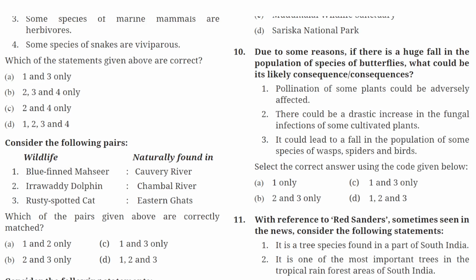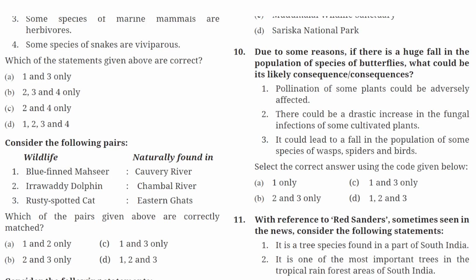Pollination of some plants could be adversely affected. Seems to be a correct statement. There could be a drastic increase in the fungal infections of some cultivars. Drastic increase, no, wrong statement. It could lead to a fall in the population of some species of wasps, spiders, and birds. Yes, correct. 1 and 3 only. Answer is C.